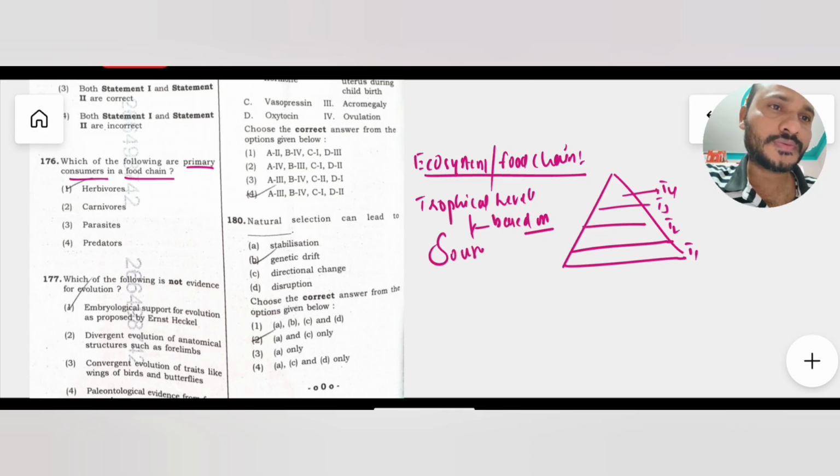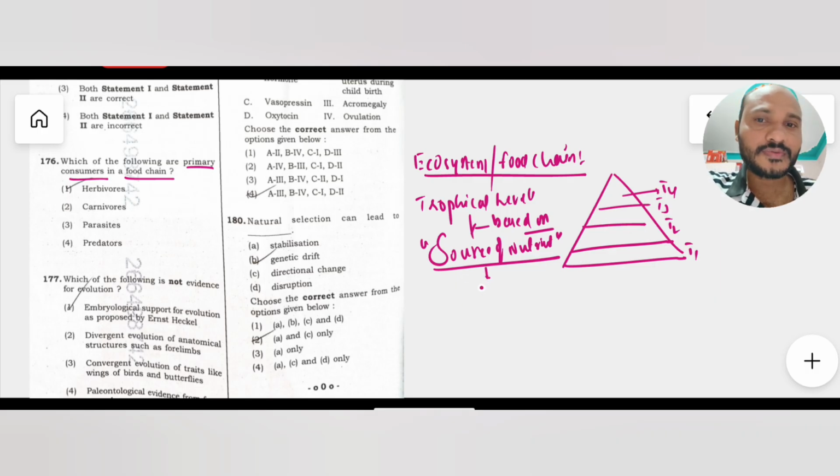That's it. Source of nutrition, very, very important. We can also remember that the flow of energy in successive trophic levels is always unidirectional.